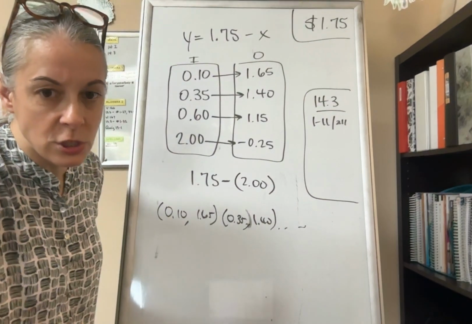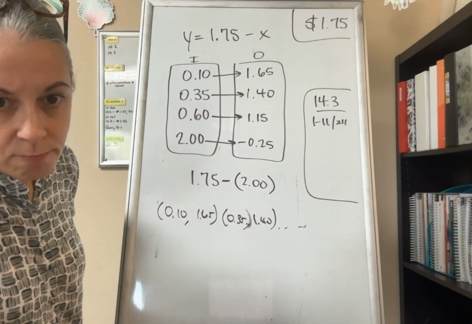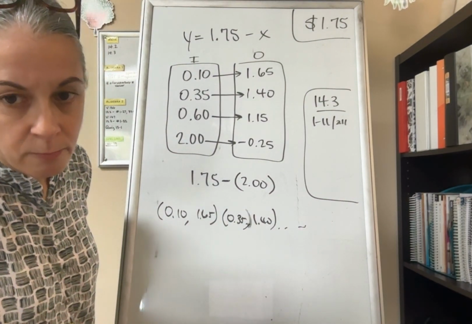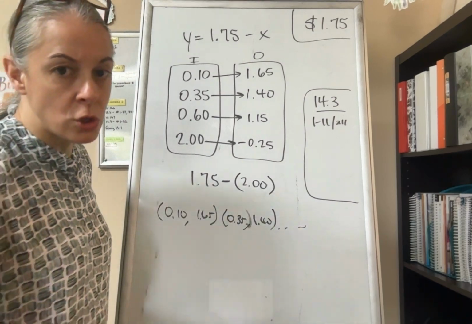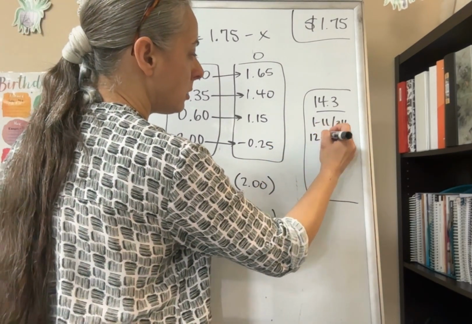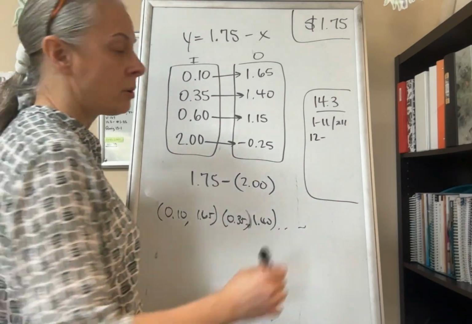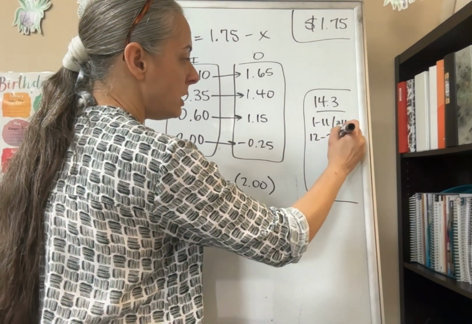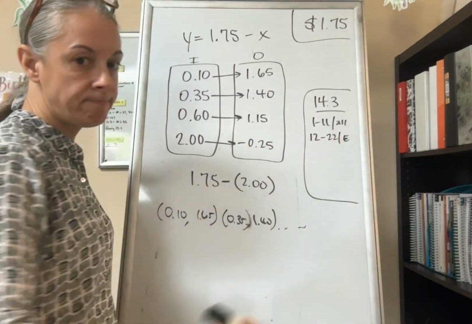Then we're going to do 12 through 22 even.